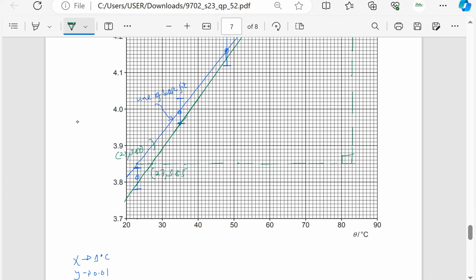For the best fit, X1 is 23 and Y1 is 3.85. For the worst fit, X1 is 27 and Y1 is 3.85.